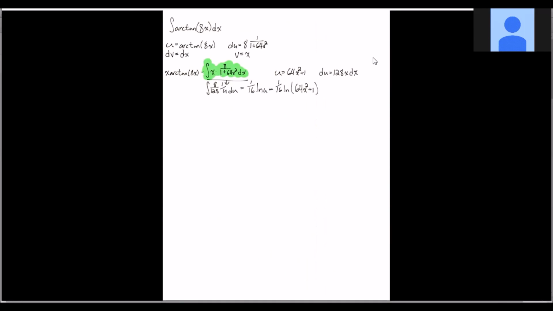So now I've got my final answer here as x times the arctangent of 8x minus 1 over 16 natural log of 64x squared plus 1 plus c.